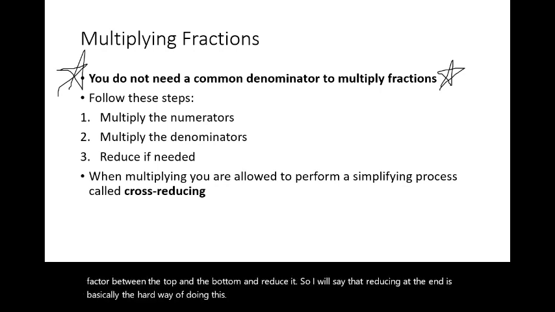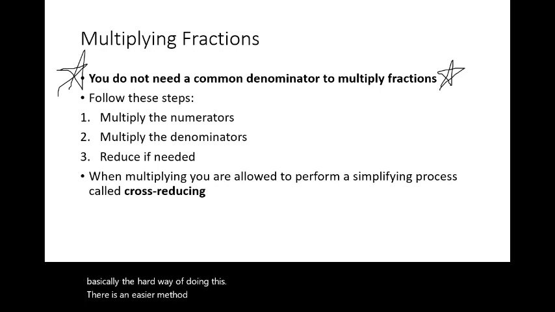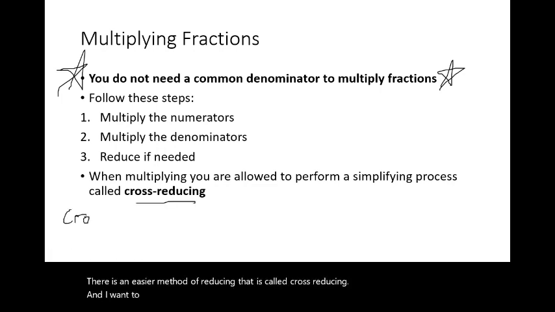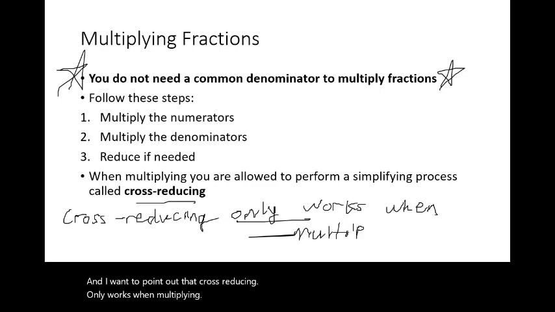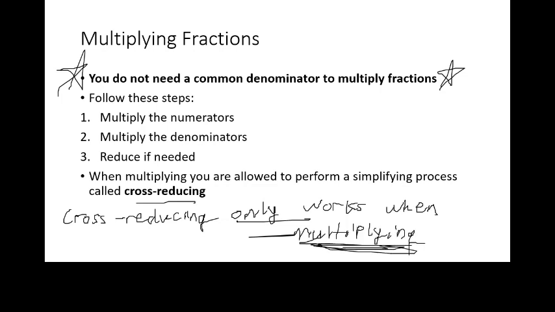There is an easier method of reducing that is called cross-reducing. And I want to point out that cross-reducing only works when multiplying. Cross-reducing absolutely does not work when you add or subtract.